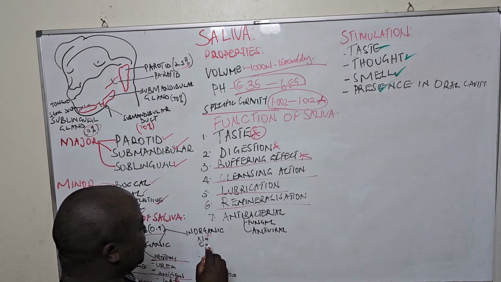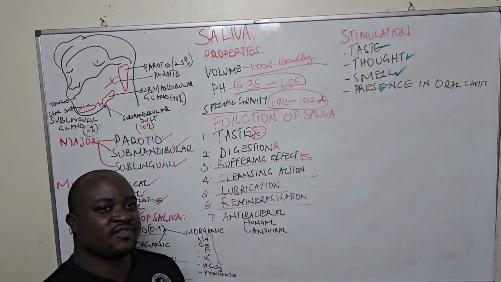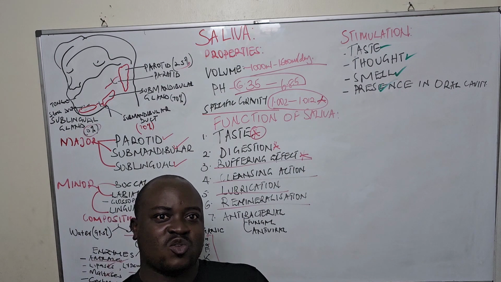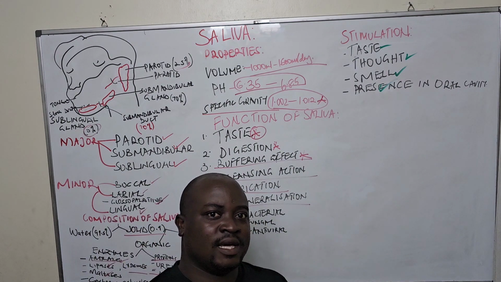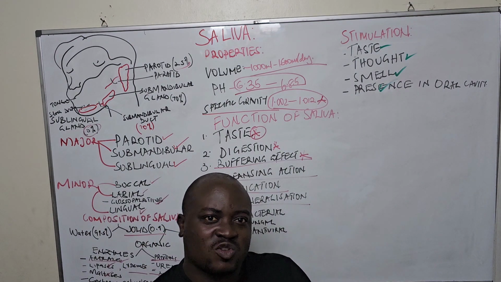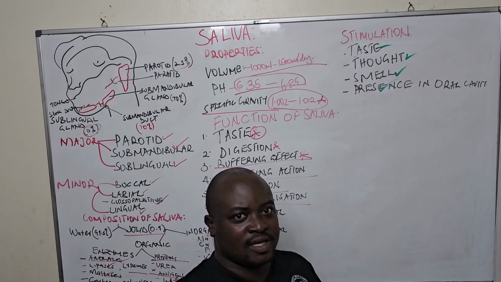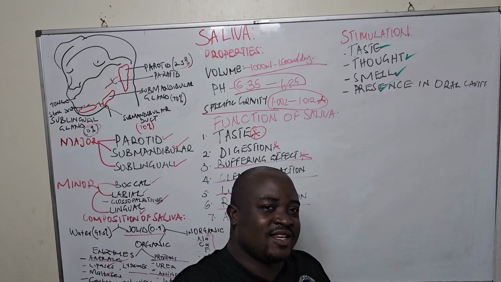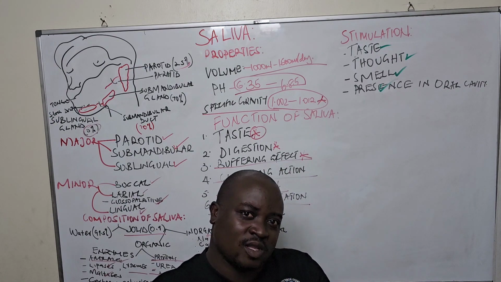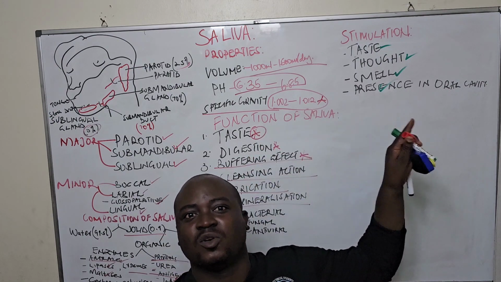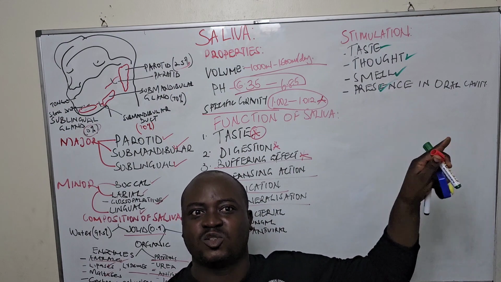Mineralization. Because of these minerals, we shall have addition of minerals to the tooth. So the addition of minerals on a tooth is called remineralization. We shall also find out that there is always demineralization caused by the other acid we talked about that causes dental caries.